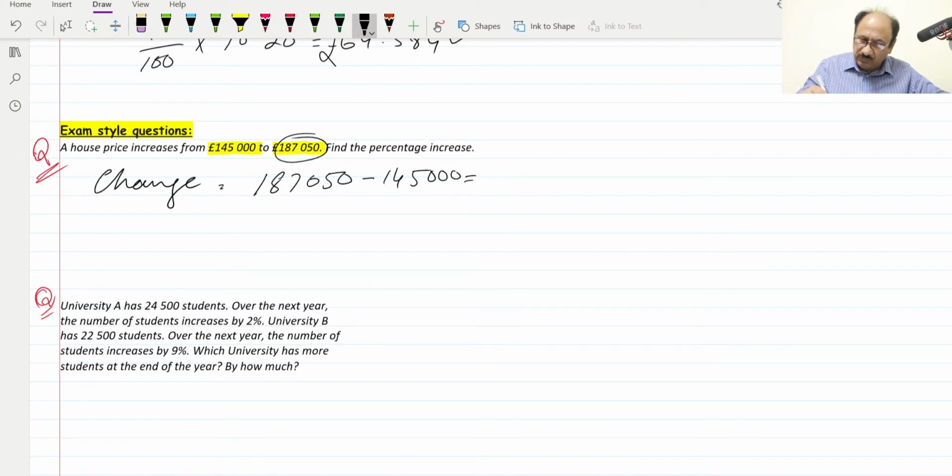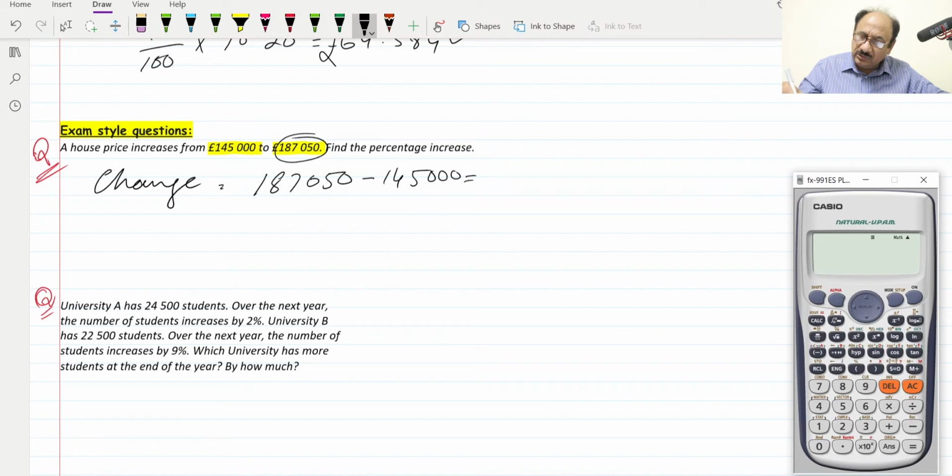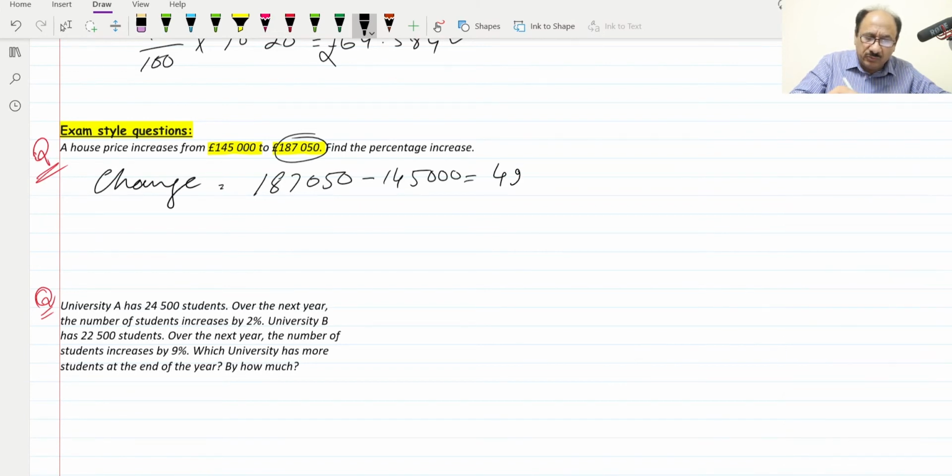If we calculate this change, 187050 minus 145000 is equal to 42050. This amount will be in pounds.